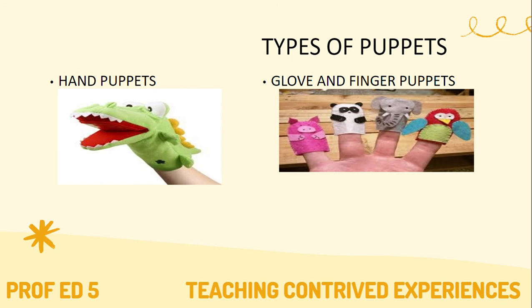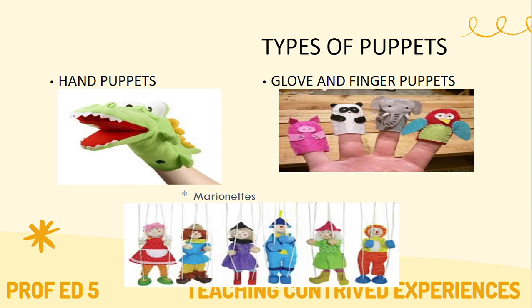Another set of puppets is what we call hand puppets. So you can choose from different characters which can be utilized in your stories or in the presentation, especially for young kids. Glove and finger puppets, with the use of felt or colorful materials, are also helpful when you portray many roles in your stories.